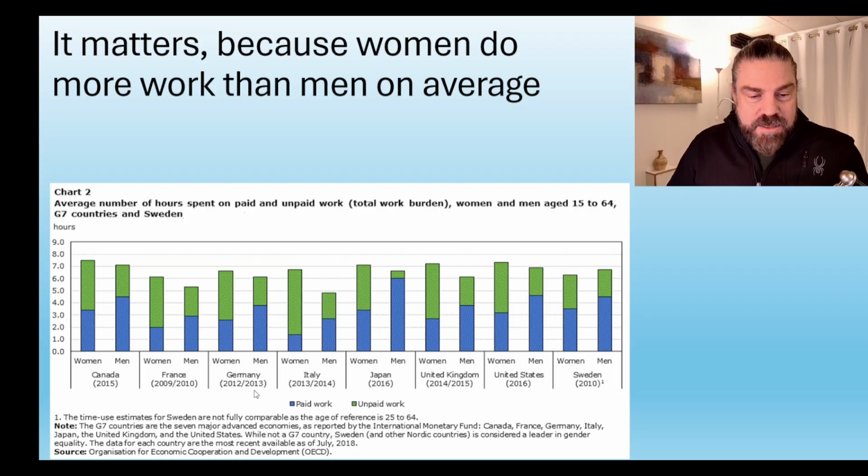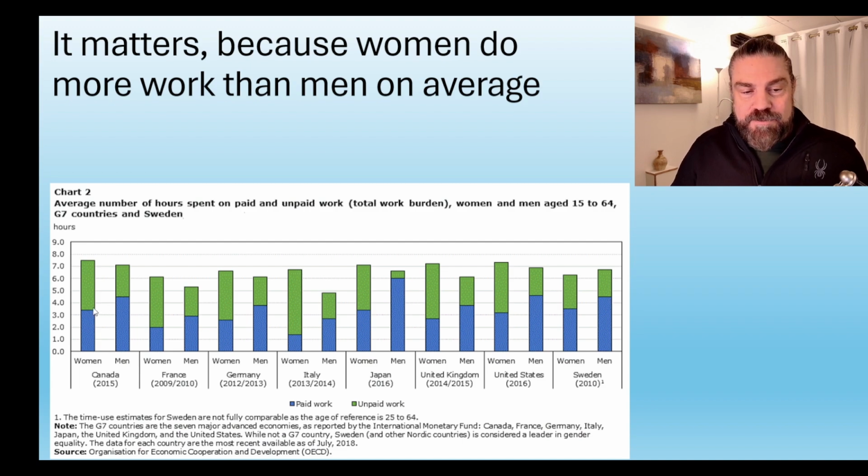But if you look at the total amount of work that men and women do in Canada in this case, you see that women work about 7.5 hours a day on average, while men only work 7 hours a day on average. The difference here is that most of women's work is unpaid. They don't get paid for it.